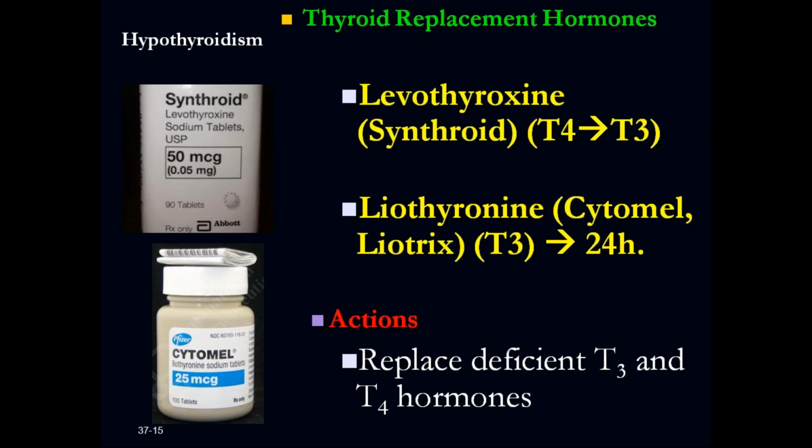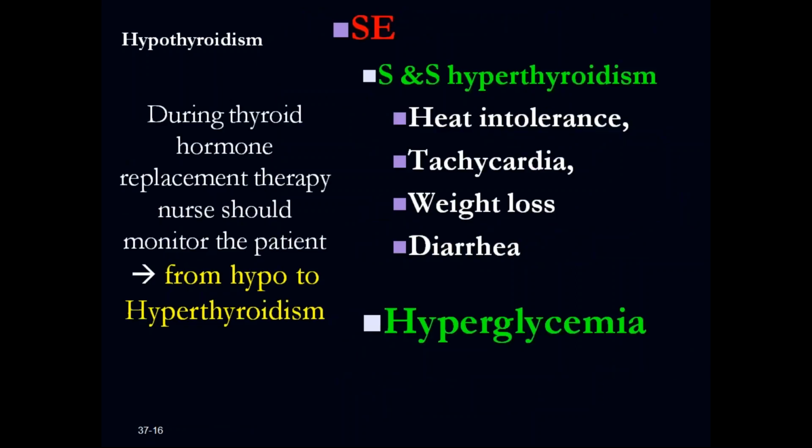All right, so the action is to replace the deficiency of T3 and T4. Those are for hypothyroidism. Now, signs and symptoms of hyperthyroidism. If you are hypothyroid, you receive medication with T3 and T4, but if you have too much T3 and T4, you pass to the other side, hyperthyroidism.